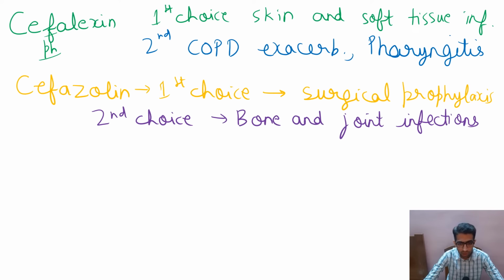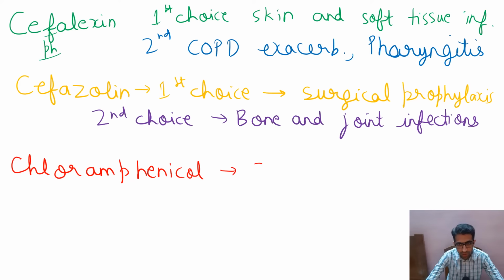Then moving on to the third category, that is chloramphenicol. This is basically a second choice drug in the treatment of acute bacterial meningitis.